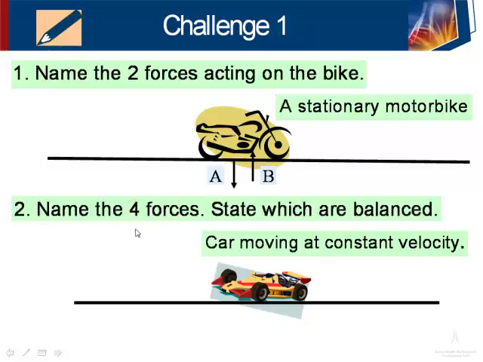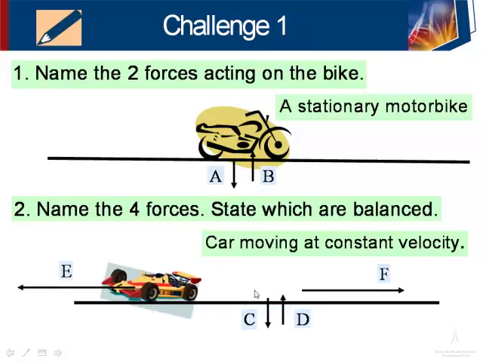And we want you to name the four forces and state which of the forces are balanced. So here you're going to look at C downwards, D upwards, E in the forward direction that the car is moving, and F in the reverse direction. We suggest that you pause the DVD and do this challenge, and then check the solutions.